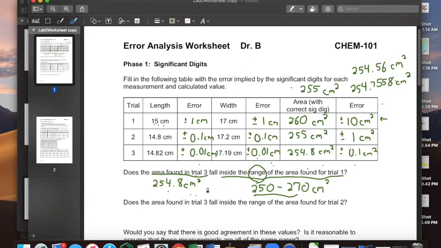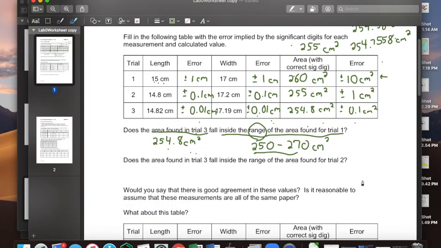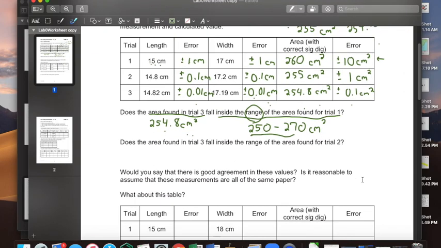Figure out what's the area found in trial 3, what's the range of the area found for trial 1, and does that value fall inside the other one? It should be close. Sometimes when you round things, you don't actually get it to fall within the range. So if that happens, you can take a look and double check your numbers, but it might not happen.